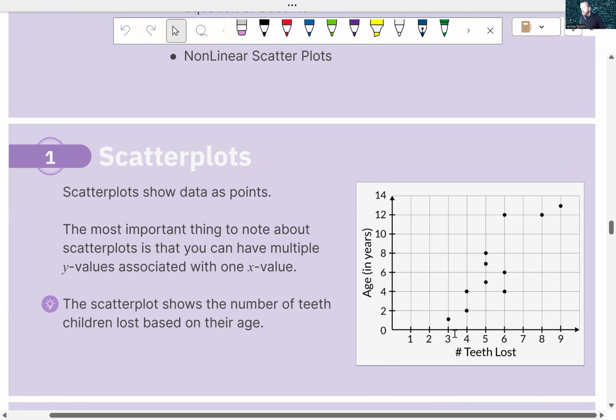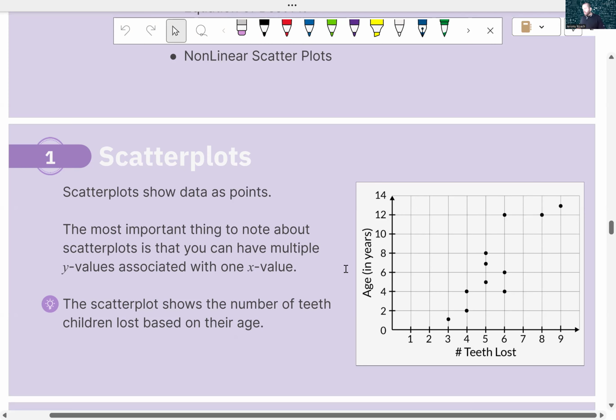For instance, if we look here at number 4, there are two different y values for number 4. And that's allowed because these are just data points. Specifically, the x-axis is number of teeth lost, and the y-axis is the age in years of the person.